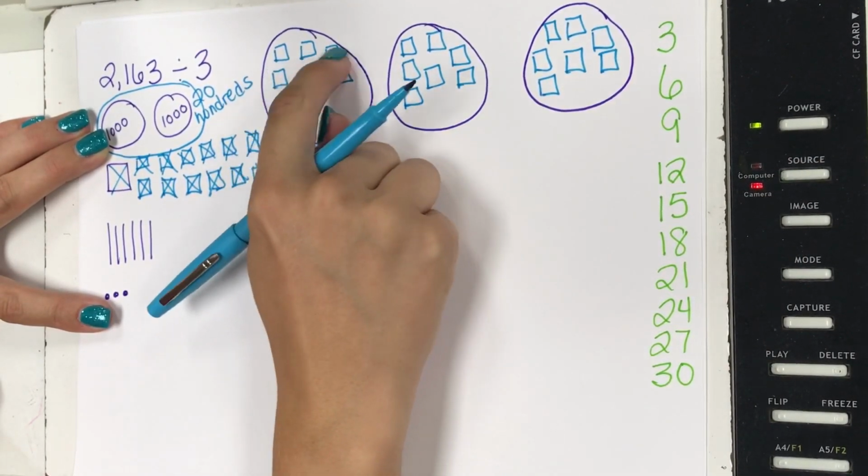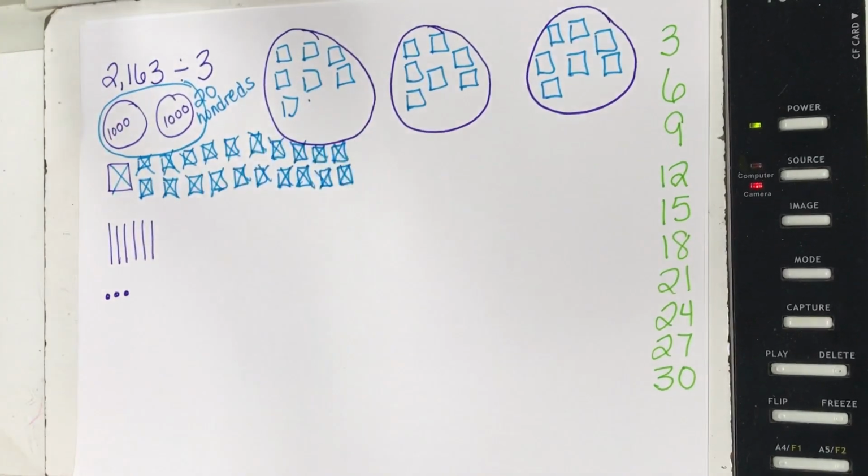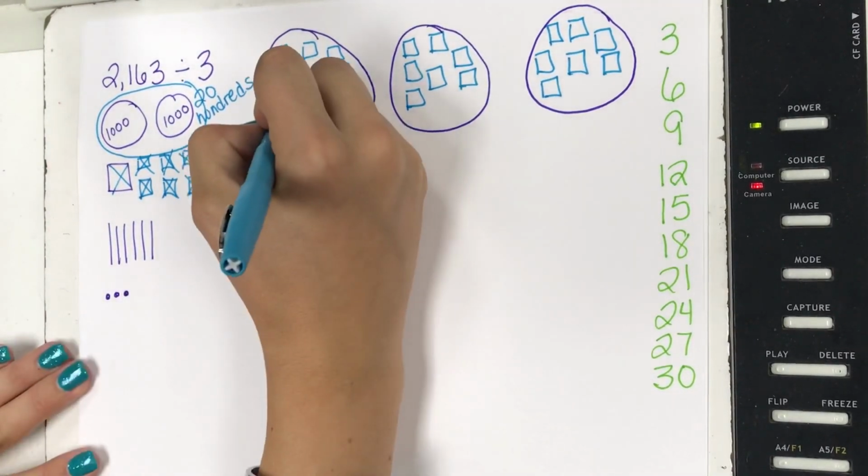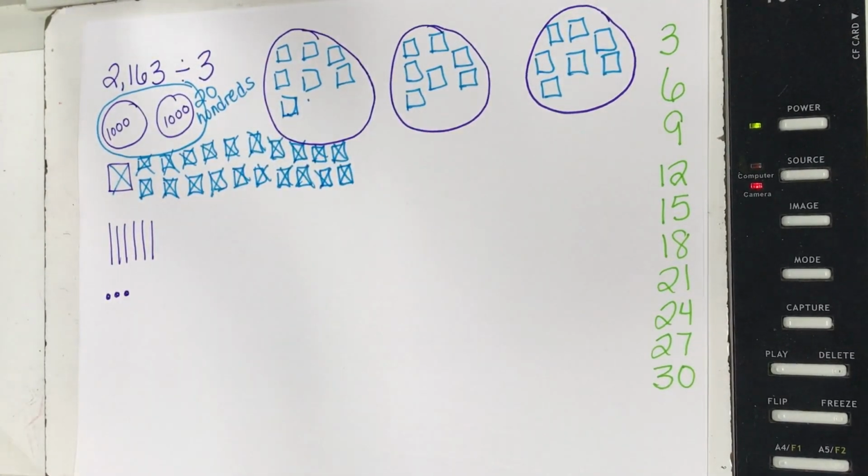Was I right? 1, 2, 3, 4, 5, 6, 7. Were there 7 in each circle? Yes, indeed.